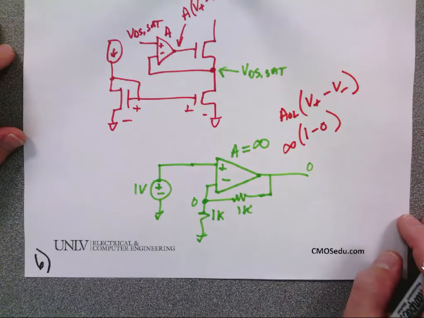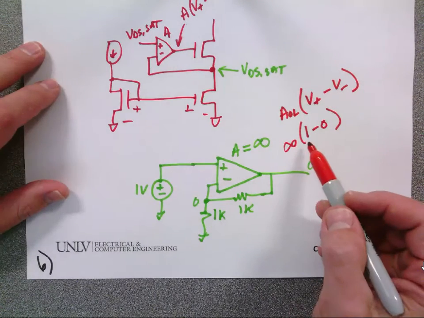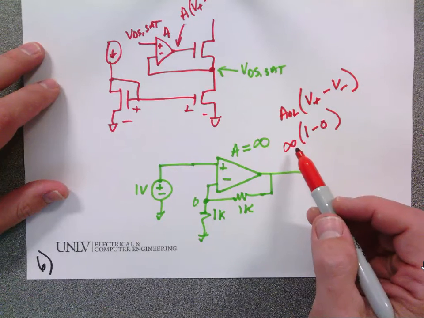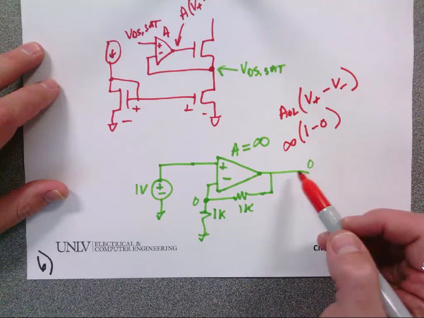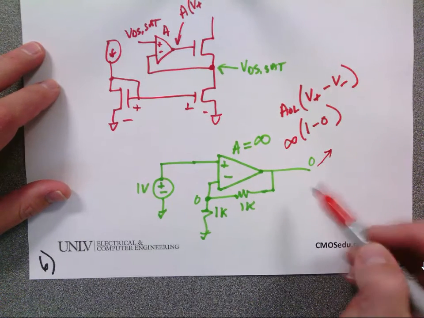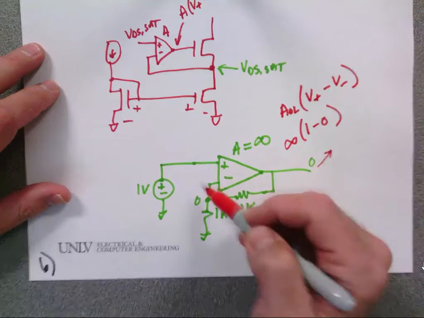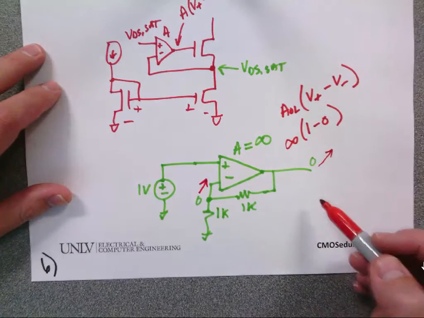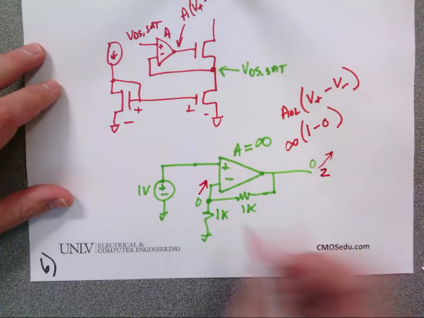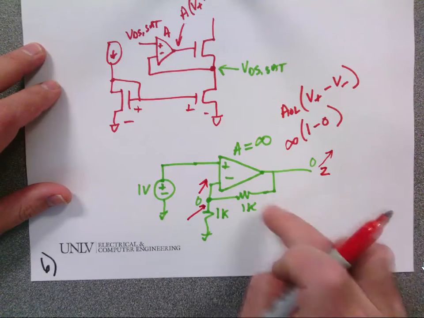Everybody follow? Well, what's the output of the op amp do? It's going to go up, and it's going to keep going up, which causes this voltage to go up, until this output hits 2 volts, and then there's a voltage divider. What's the voltage here? 1K, 1K, 2 volts, so it goes to 1 volt.